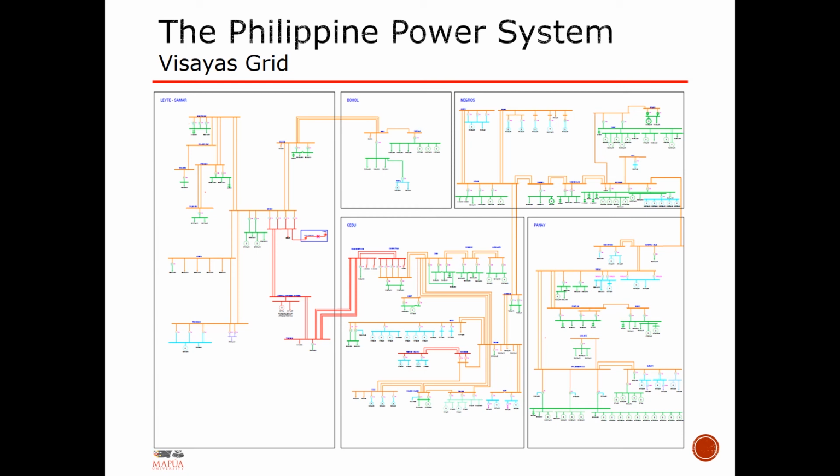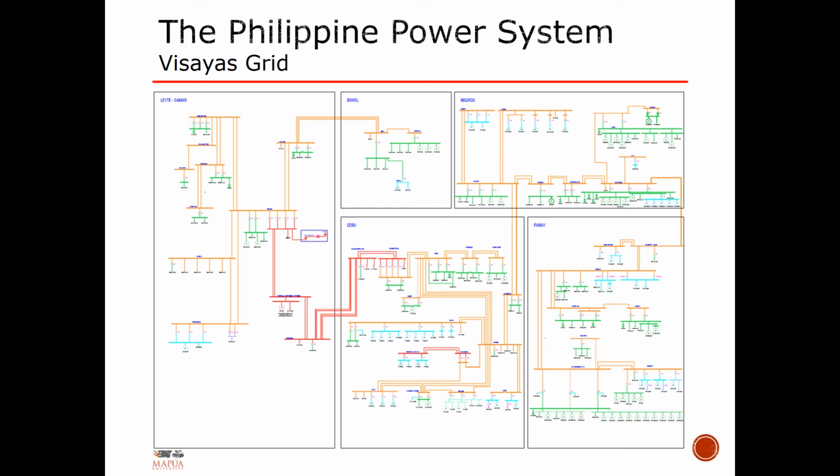Majority of the lines in Visayas, because it has a lower demand requirement, are 138 kV. Although there's a setup for 230 kV to carry a large amount of power from Leyte to Cebu, because there's a large capacity from Leyte, a geothermal facility that can transmit power to Cebu, which is the load center in Visayas.